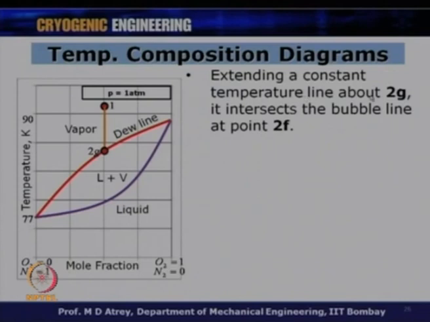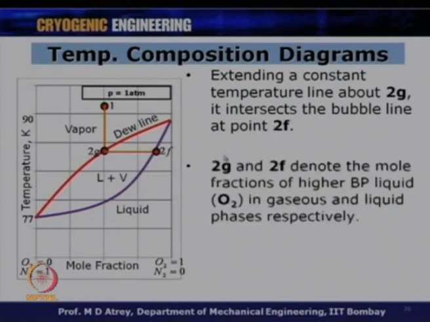Extending a constant temperature line from 2G, it intersects the bubble line at 2F. All right. So, this is intersecting the bubble line at 2F.